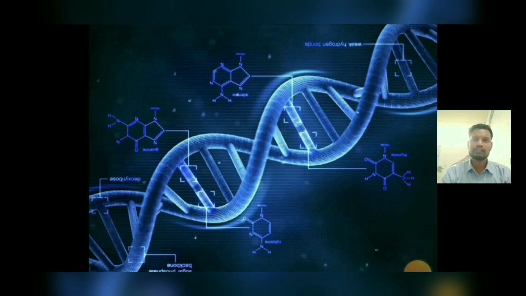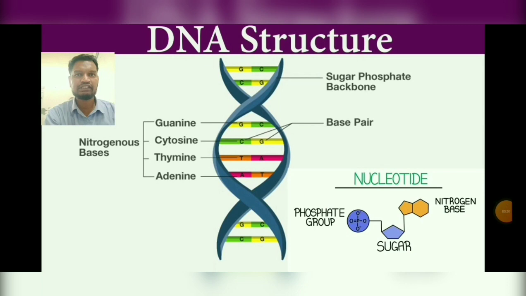So coming to the next point, the basic structure of DNA. It is a double-stranded complex nucleic acid. It is formed by deoxyribose, phosphoric acid and four types of nitrogenous bases. Each DNA molecule consists of two polynucleotide chains which are twisted around one another in a form of double helix.